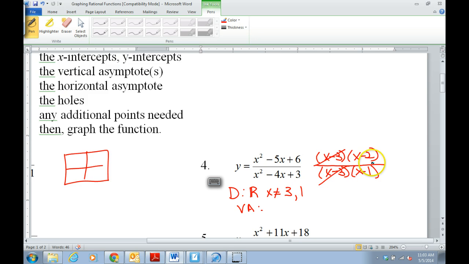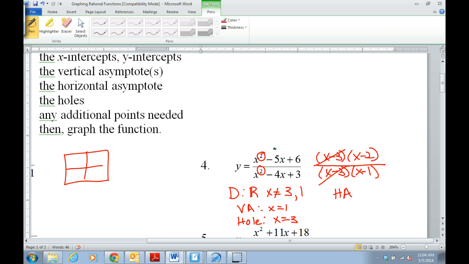Negative 2. Yeah, this x equals 1. So that's my vertical asymptote. My hole is going to be what? x equals 3.